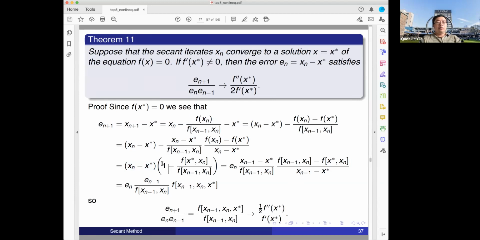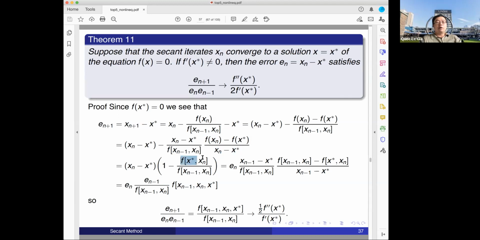1 minus, well, 1 comes from here, 1 comes from this one. And minus, what is left over from here? Now if you look at this term, it will be just the divided difference over xn and x star.